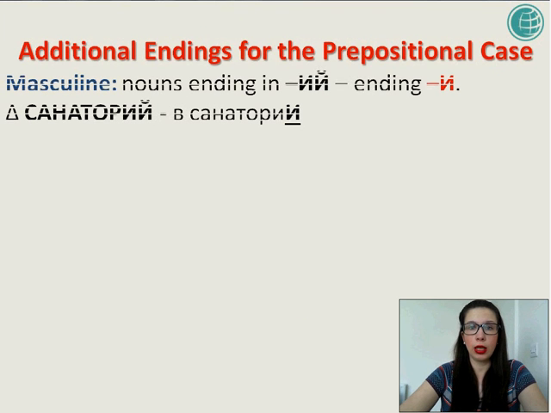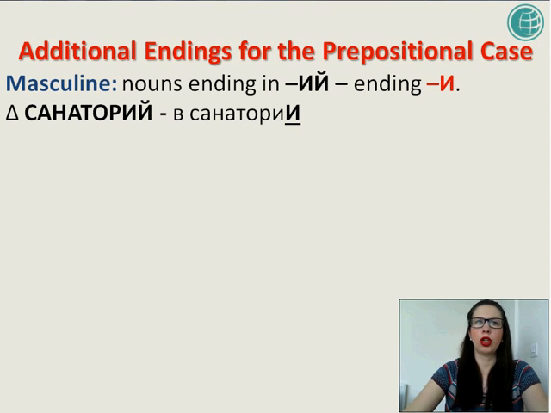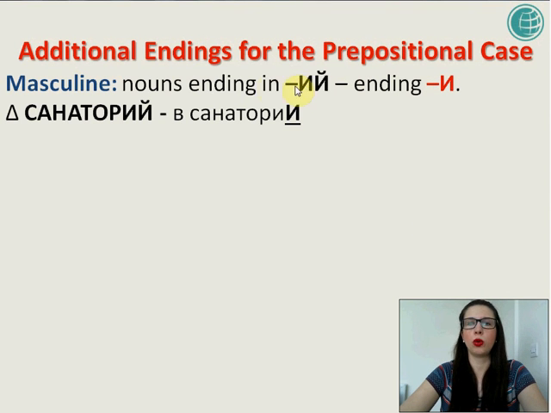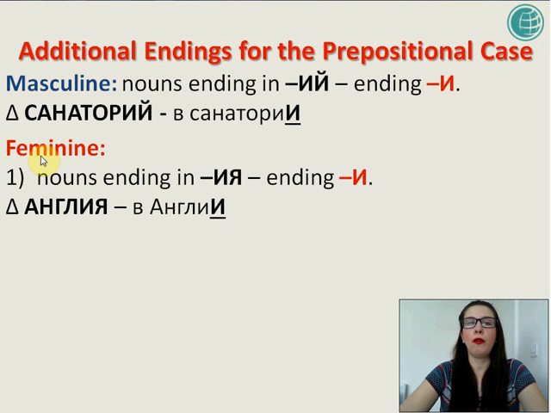And you can see that we have also additional endings for the prepositional case. There are some special nouns. For example, nouns ending in "e" will have the ending "e" instead of "e". Feminine nouns ending with "ia" will have the ending "e" also instead of "e". For example, Anglia, в Англии, in England.